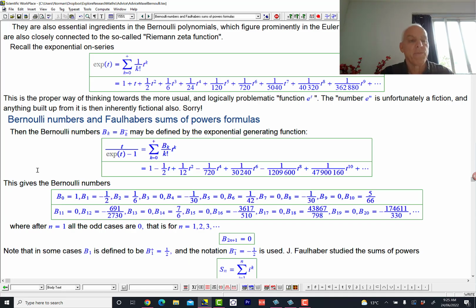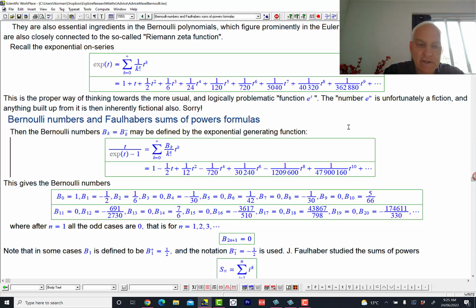Okay, so how do the Bernoulli numbers arise from this exponential series? Well, if you look at this exponential series, it starts 1 plus t plus 1/2 t squared and so on. If you take 1 from both sides, then you get exp of t minus 1 equals t plus 1/2 t squared plus 1/6 t cubed, etc. So that obviously has a factor of t.